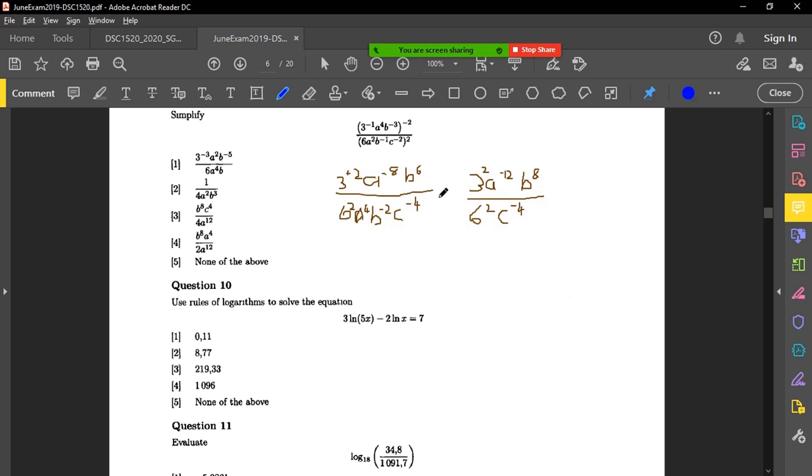Okay, that step's good. And then next step, I can probably multiply this now. This will become 9. 6 times 6 is 36.